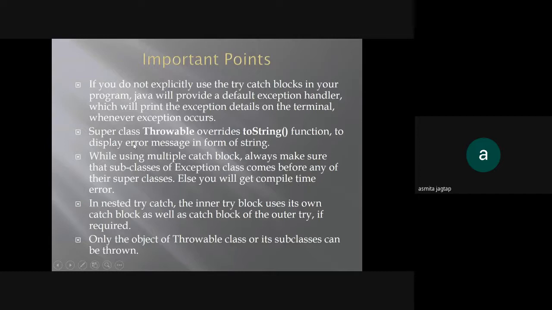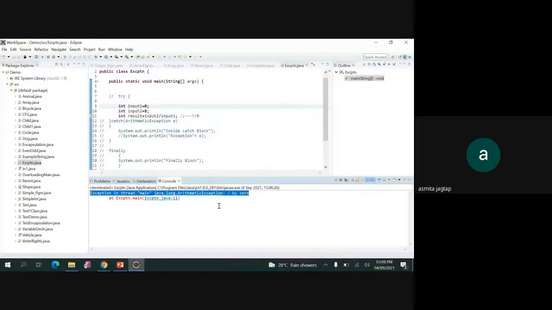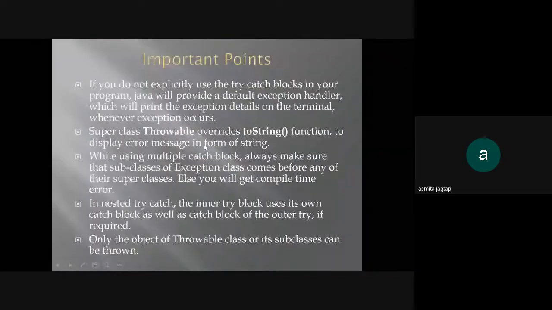We already discussed the toString method. To display anything on the console, there is the toString function, which we override. So the Throwable class overrides the toString method, and that is why the error message is displayed in the form of a string. That is the case explained in the second point.